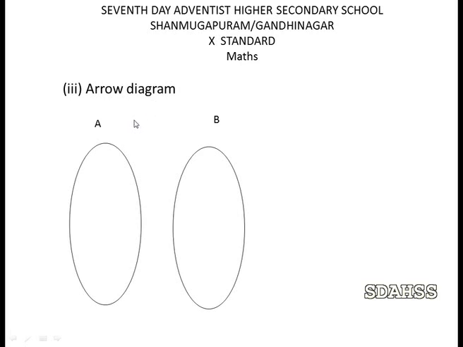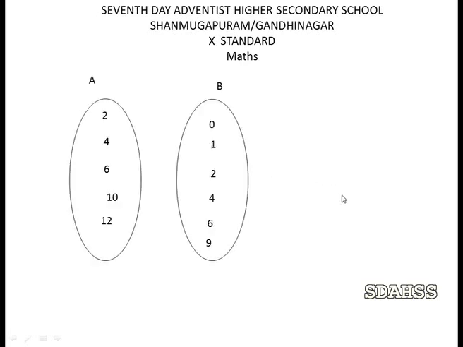Arrow diagram. Consider two sets A and B. In these two sets, copy the elements from A and copy the elements from B. In A, the elements are 2, 4, 6, 10, 12 and in B, the elements are 0, 1, 2, 4, 5, 9.